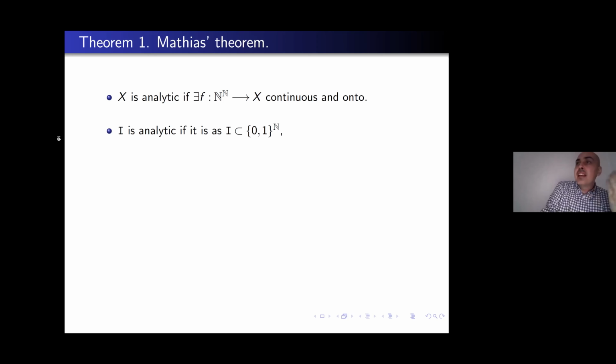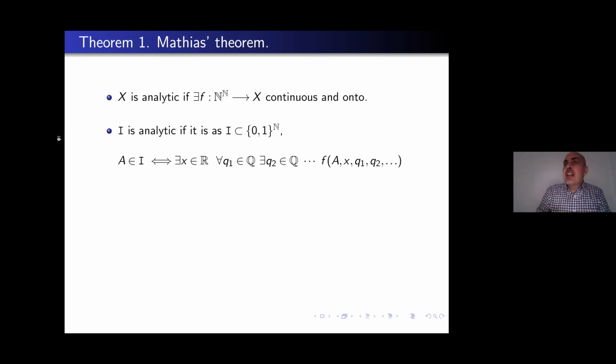An ideal is a family of subsets of N. And subsets of N are essentially the same thing as functions from N to the two-element set {0, 1}, because I can identify a subset of the natural numbers with its characteristic function. I say that an ideal is analytic if, as a subspace of this Cantor set, this product {0, 1}^N, it's an analytic set. It's an analytic space in the sense above.